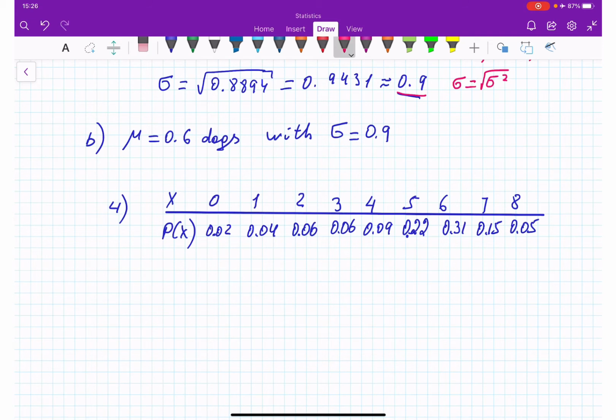All right. So first of all, we need to find the mean. Use the probability distribution to find the mean of the probability distribution.